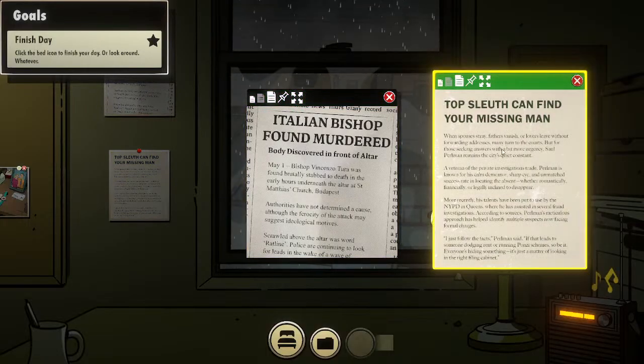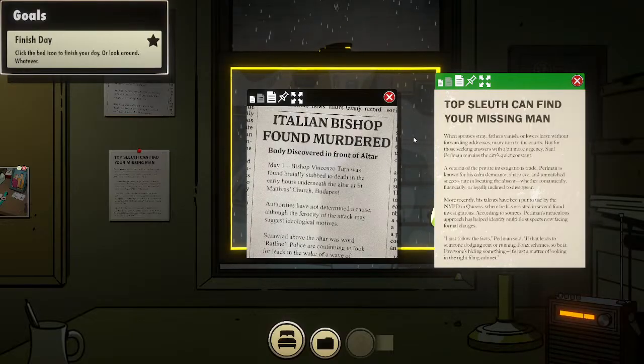When spouses stray, fathers vanish, or lovers leave without forwarding addresses, many turn to the courts. But for those seeking answers with a bit more urgency, Saul Perlman remains the city's quiet constant. A veteran of the private investigations trade, Perlman is known for his calm demeanor, sharp eye, and unmatched success rate in locating the absent, whether romantically, financially, or legally inclined to disappear.